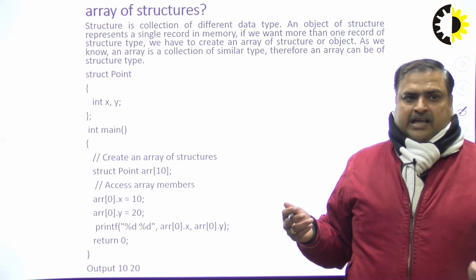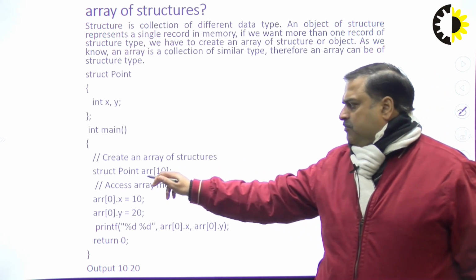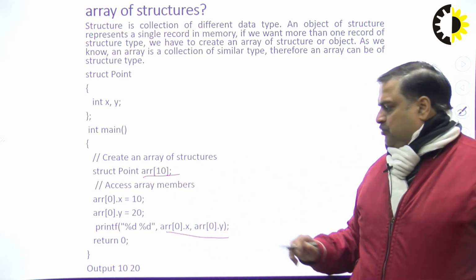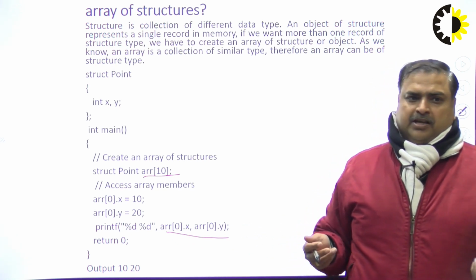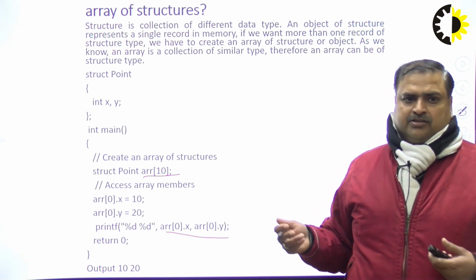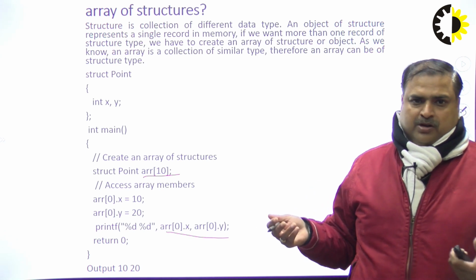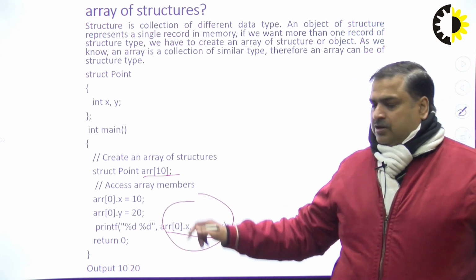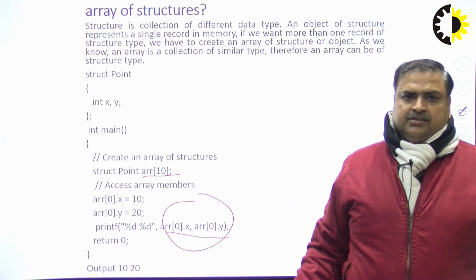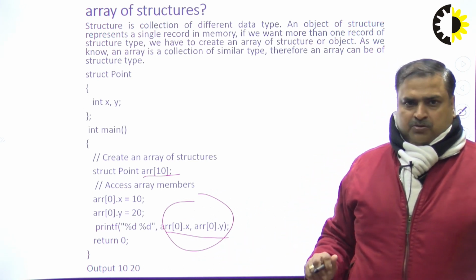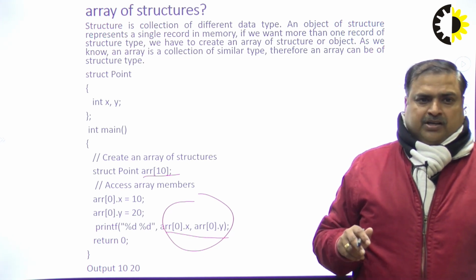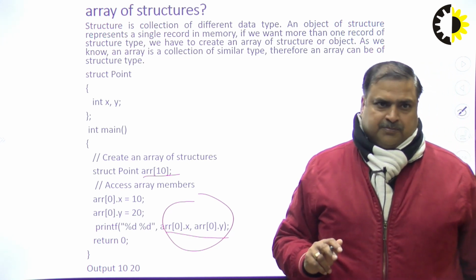You can create arrays also, like a normal variable. You can create the array and utilize it using the index of the array: array[0].x, array[1].x, array[5].x. These are treated as normal variables and dot will be used. If you create specifically a pointer, then the arrow operator will be used.